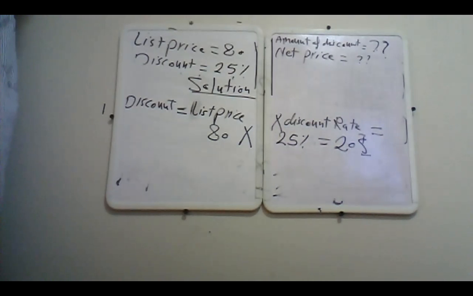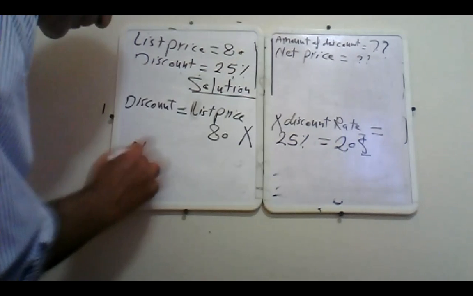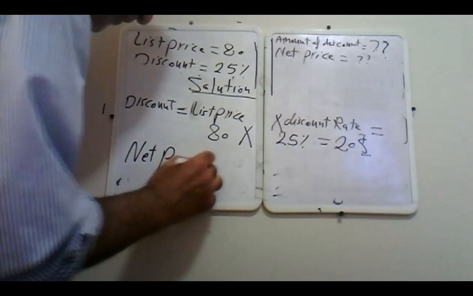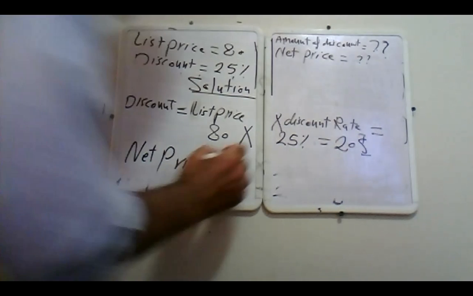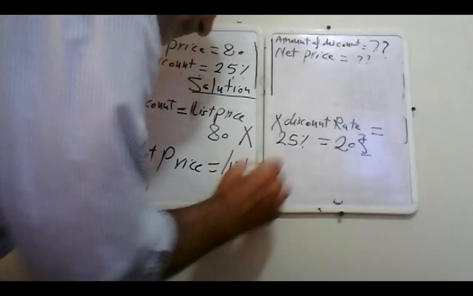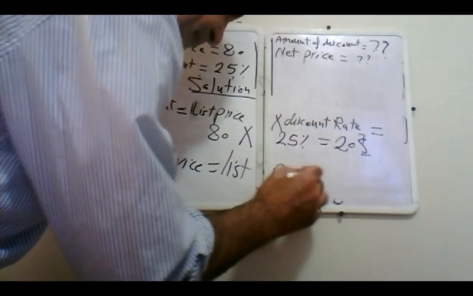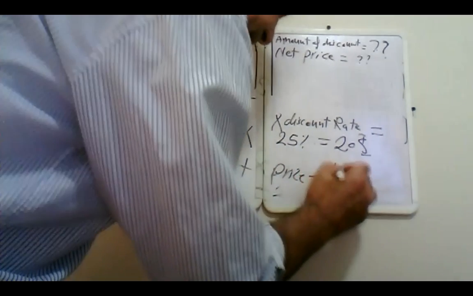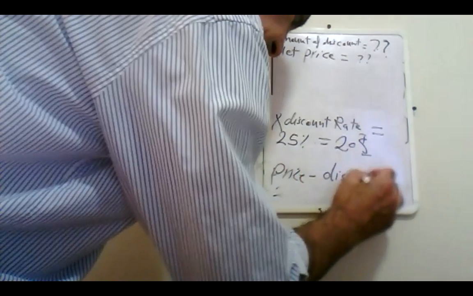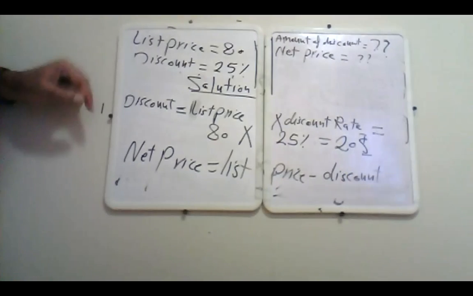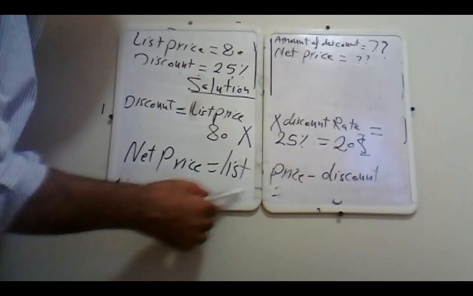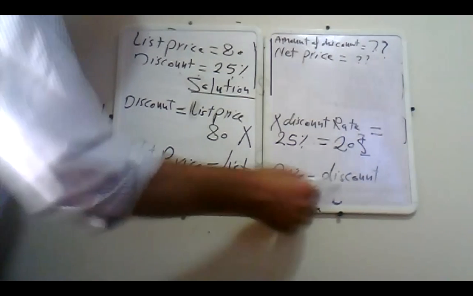Now, what about the net price? Net price equals the list price minus the discount.